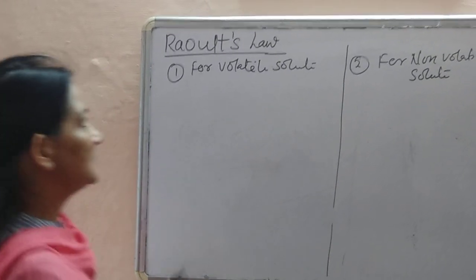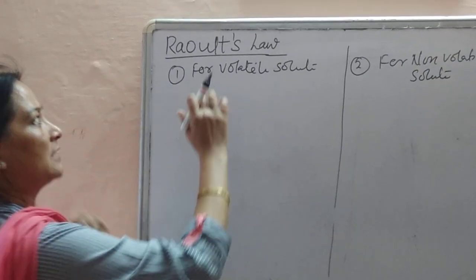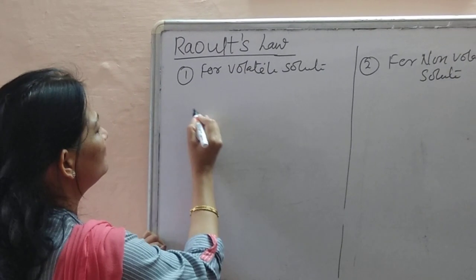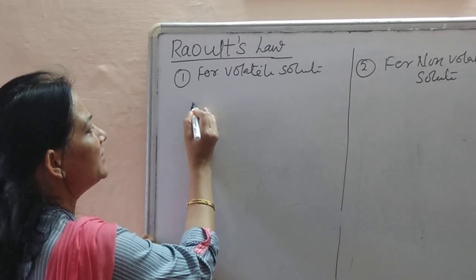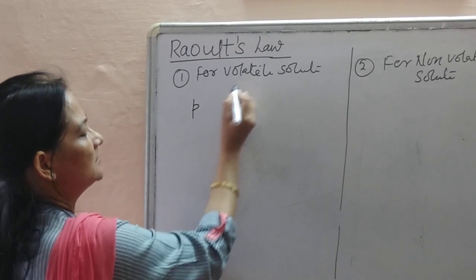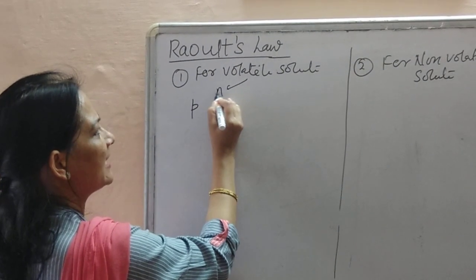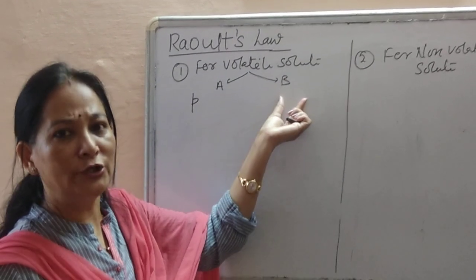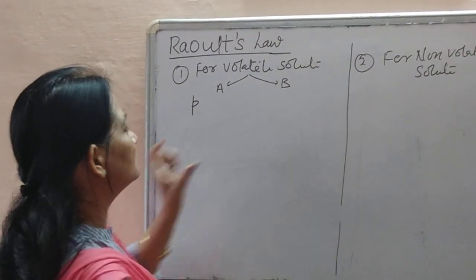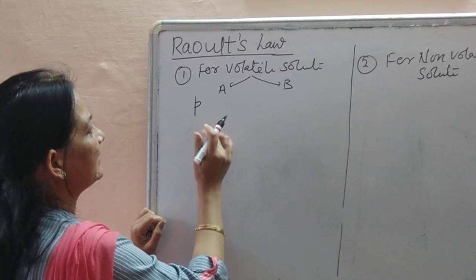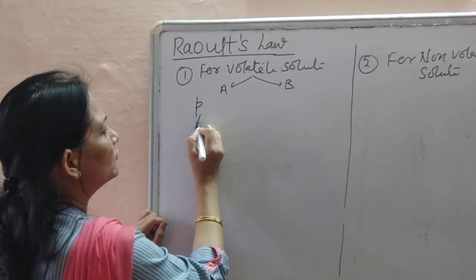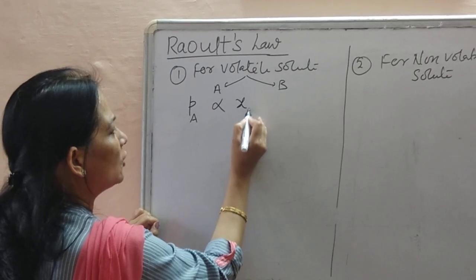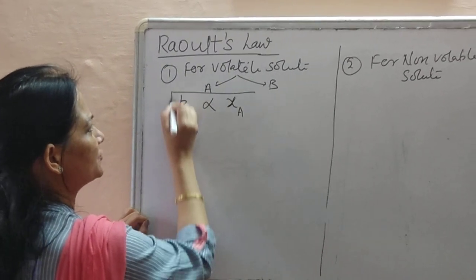So Raoult's law simply says that the vapor pressure of each component, if the solution has two components A and B, where yesterday I told you A is solvent and B is solute, and both components are volatile, then the vapor pressure of component A will be directly proportional to the mole fraction of that component in the solution.